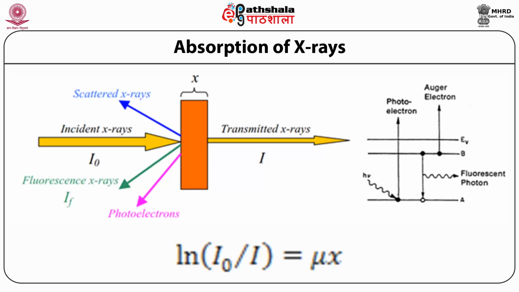Or the other way around, if we know the absorption coefficient of a material, we can calculate the intensity after absorption from a given thickness of that material.